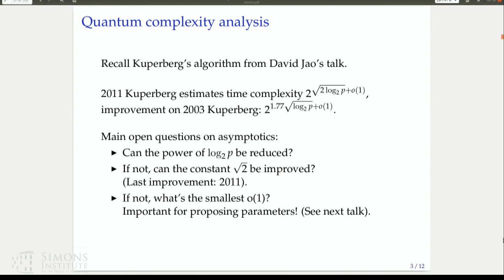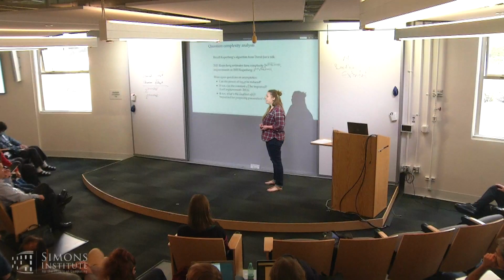Yes? If I can, this is a sort of statement rather than a question, but I want to refine the first open question, reducing the power of log 2p. I'm just going to conjecture, and I think this is more tractable than the question as stated, that if you can reduce the power of log 2p, then it will have an effect across the board for all of the lattice questions.